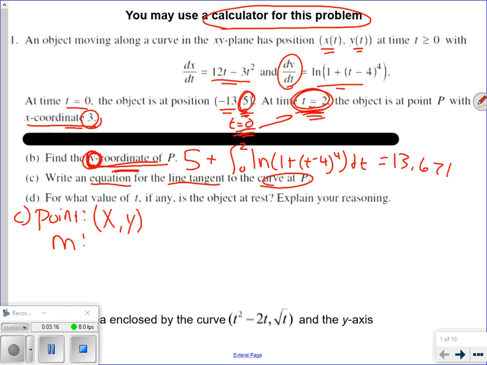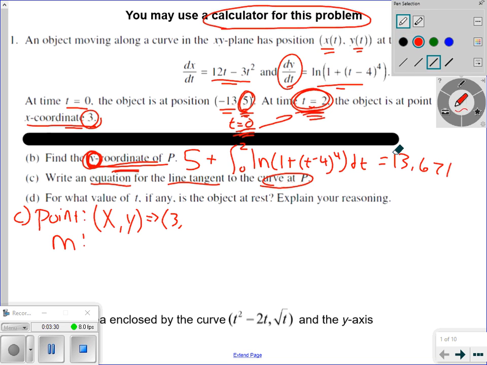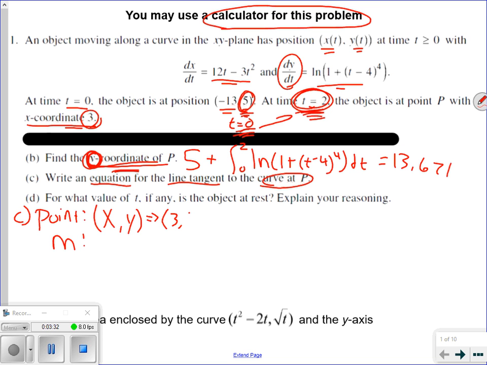Okay, so we got the x and the y value, right? So at P, we know the x value is 3 and the y value is, I was going to say 5, I apologize. It's not 5, it is 13.671. I mean, we were told the x value, we just found the y value.